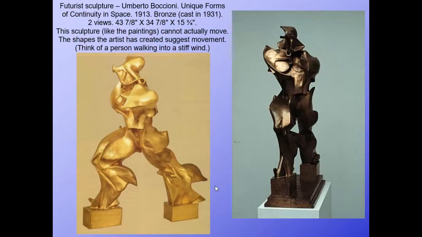Another piece by Boccioni, and in fact it's 2 different castings of the same sculpture, which is why the color is a little different in these 2. What you're seeing on the left is a profile view, and on the right is a head-on view of a cast metal sculpture that Boccioni made, called forms of continuity in space. And it's meant to really look like a person walking, probably very quickly or into a stiff wind.